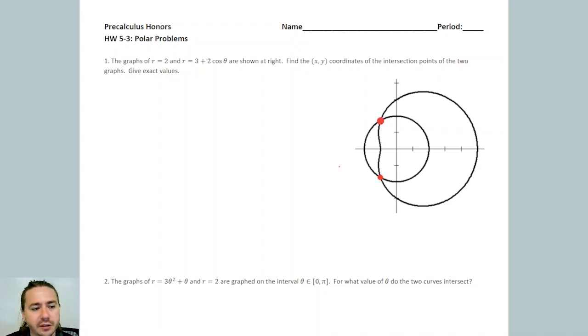So the strategy here is first we're going to set the two equations equal to each other, this one and this one. So we'll get 2 equals 3 plus 2 cosine theta.